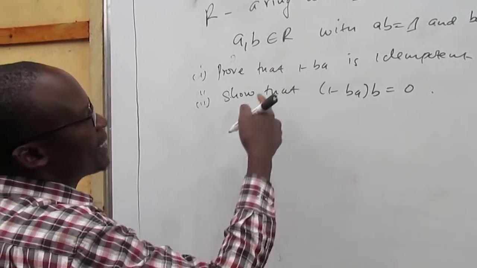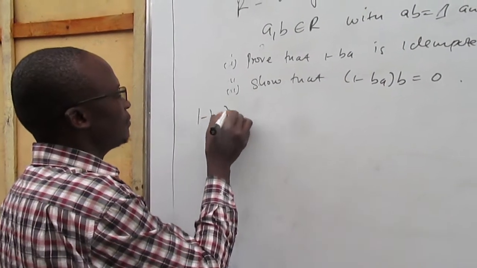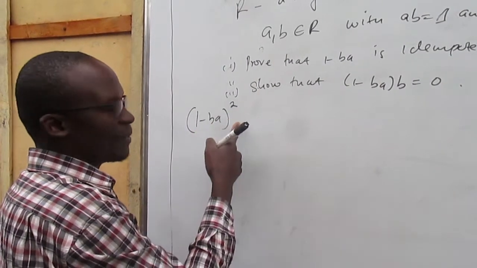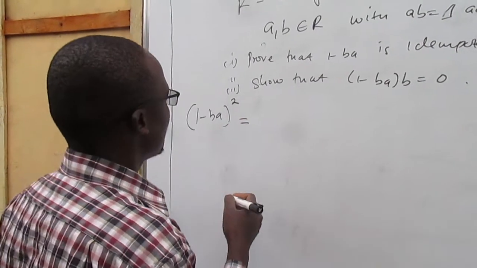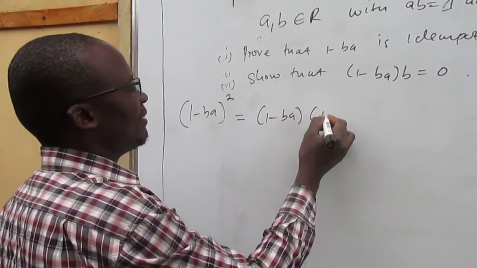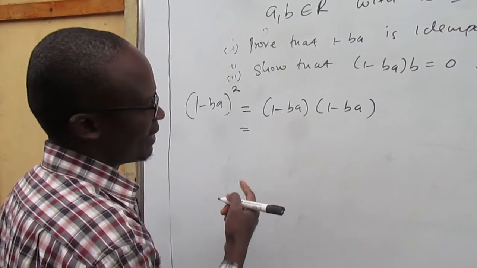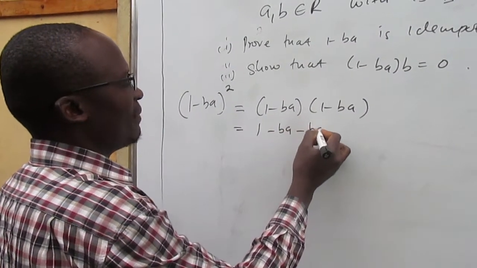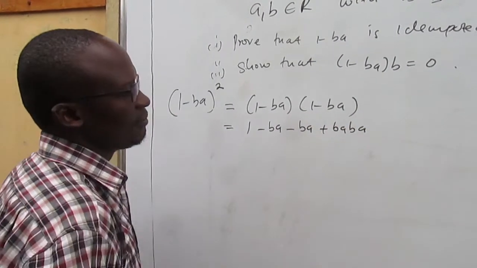To prove that 1 minus BA is idempotent, we need to show that when we compose 1 minus BA with itself, we get the same thing, that is 1 minus BA. So when you compose 1 minus BA with itself, you get (1 minus BA)(1 minus BA). If we carry out the usual algebraic products, we'll get 1 minus BA minus BA plus BABA.